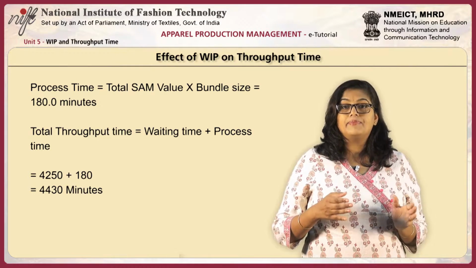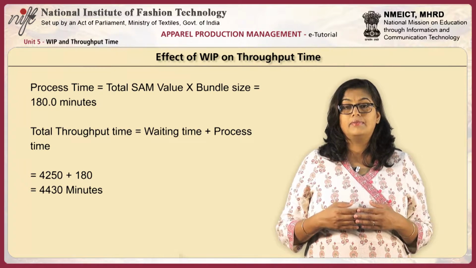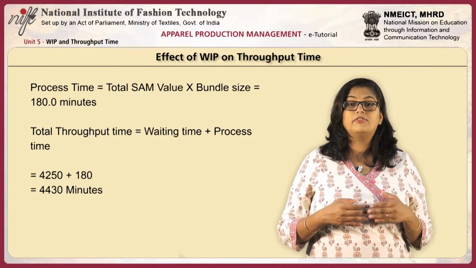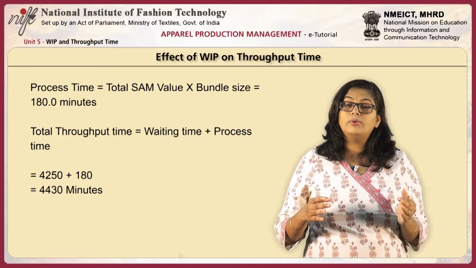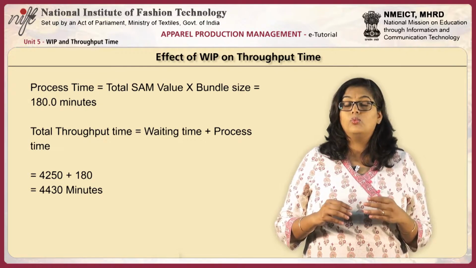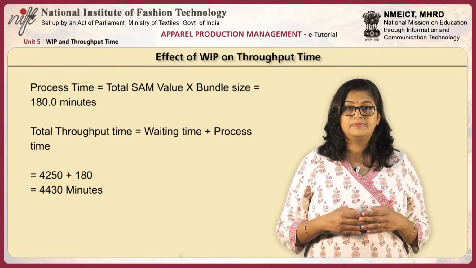Total throughput time is equal to waiting time plus process time. So, the calculation would be 4250 minutes plus 180 minutes. So in total, the throughput time for one particular garment to come out of the line will be 4430 minutes.